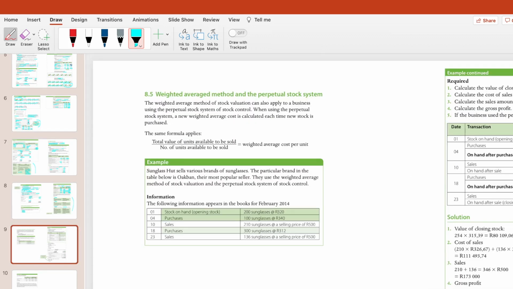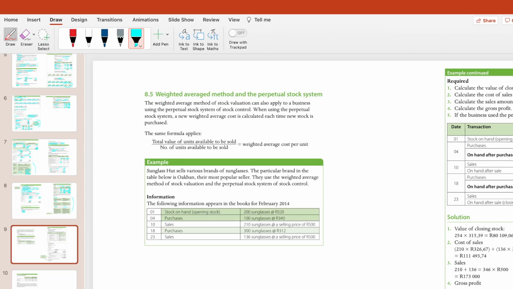If we look at the weighted average method and the perpetual stock system, this is our last part before we close our inventory system. The weighted average method of stock valuation can also apply to a business using the perpetual system of stock control. Remember, we did the periodic one with the bicycles.